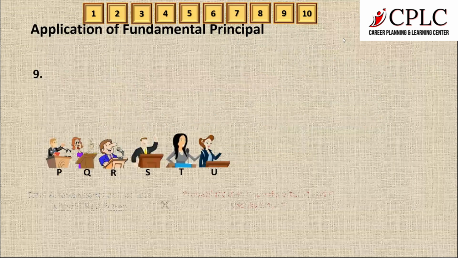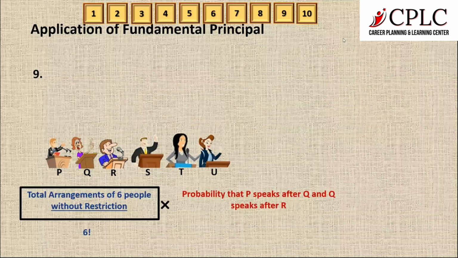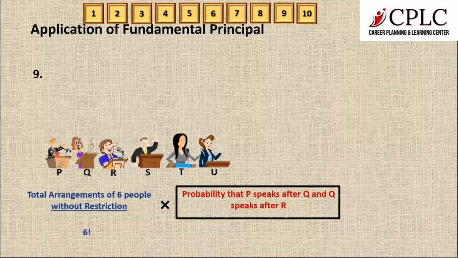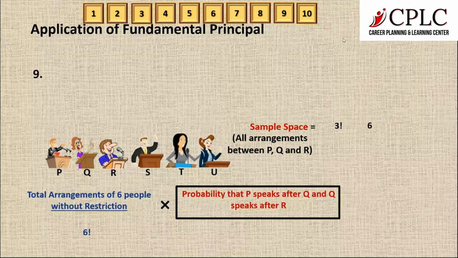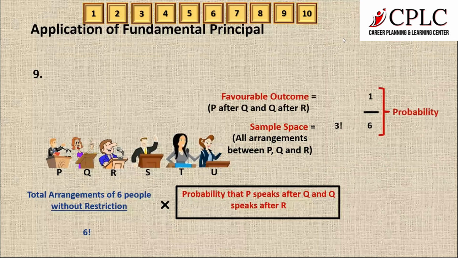Now, total number of arrangements of 6 people without restriction is going to be 6 factorial. Probability that P speaks after Q and Q speaks after R: the sample space is 3 factorial and 6, and favorable outcomes is equal to 1.